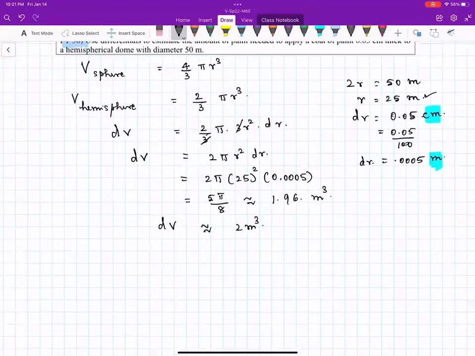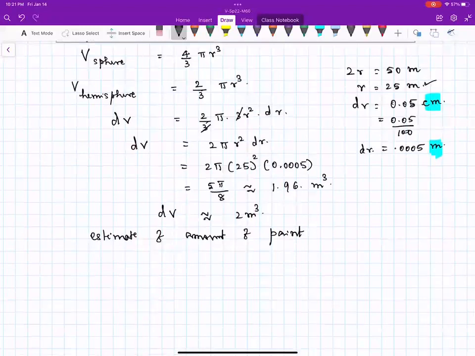So we can say the estimation of the amount of paint needed to apply a coat of 0.05 centimeter thick is actually 2 cubic meters.